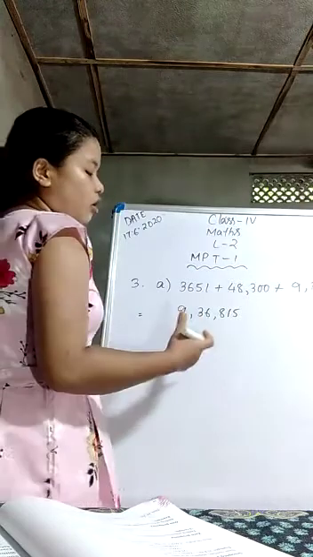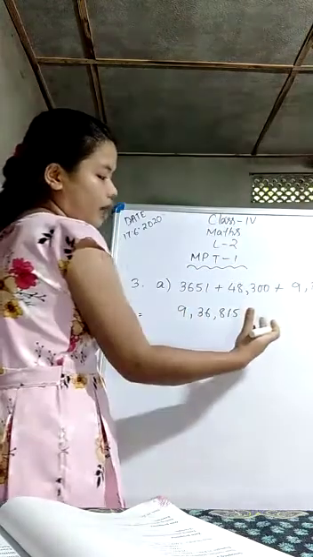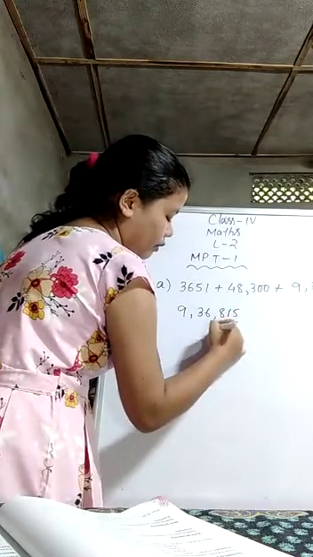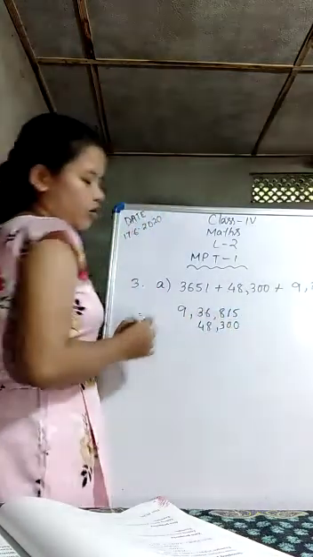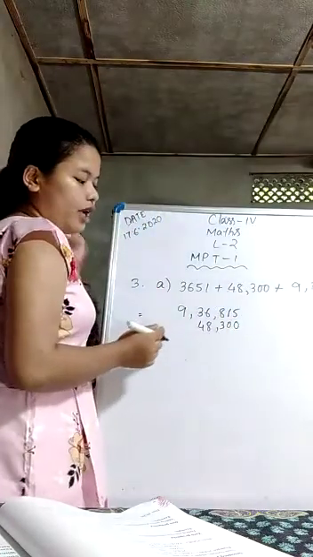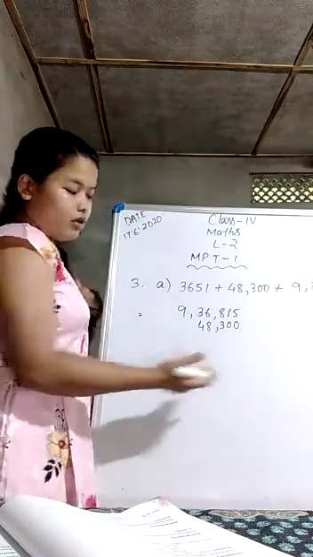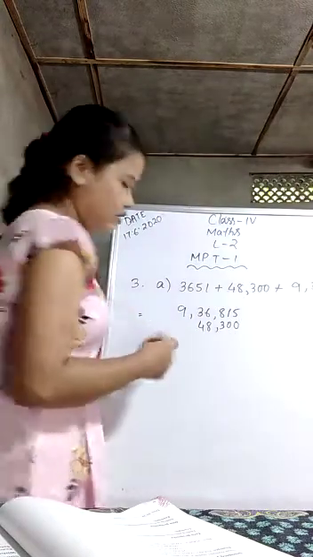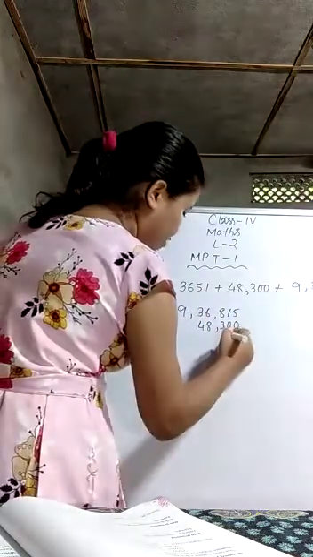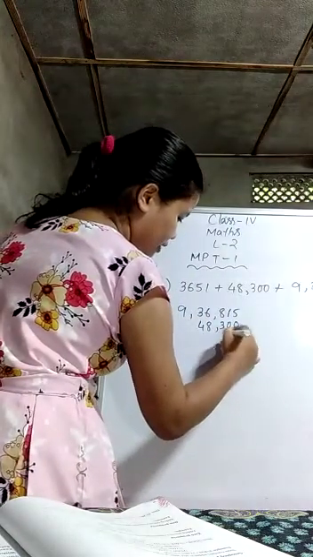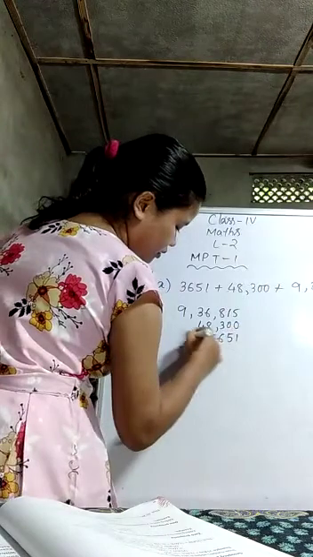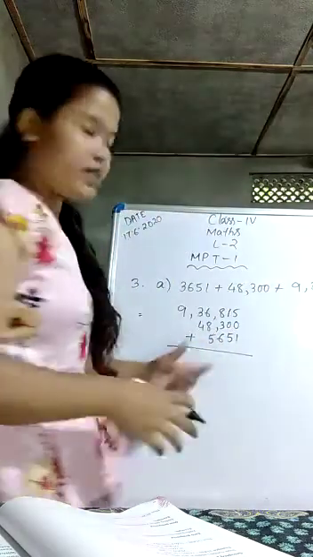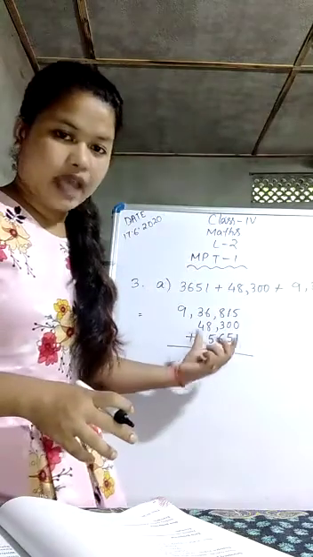Always write the numbers from the ones place, because to do addition we have to write the numbers from the right side. Then 3,651. So we wrote these numbers in column. Now we have to add these numbers.